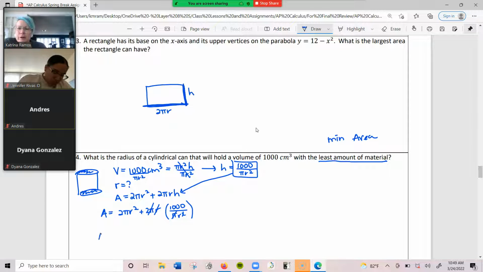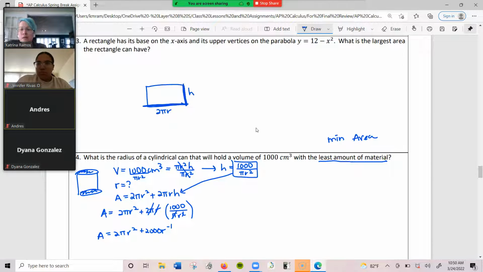So my equation for area is now 2 pi r squared, and then I have this 2 times 1000, so that'll be plus 2000. And then I'm going to bring the r up, because whenever you're doing any kind of optimization, you want to take the derivative, since we want to minimize. And anytime you're minimizing or maximizing, that's always the first derivative. Up to here is okay?